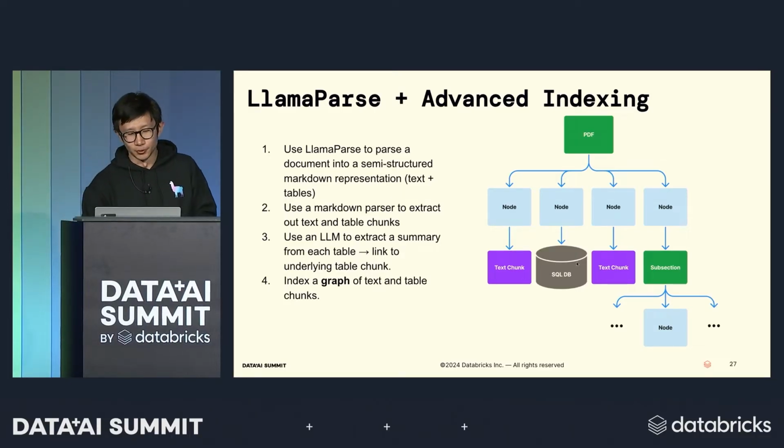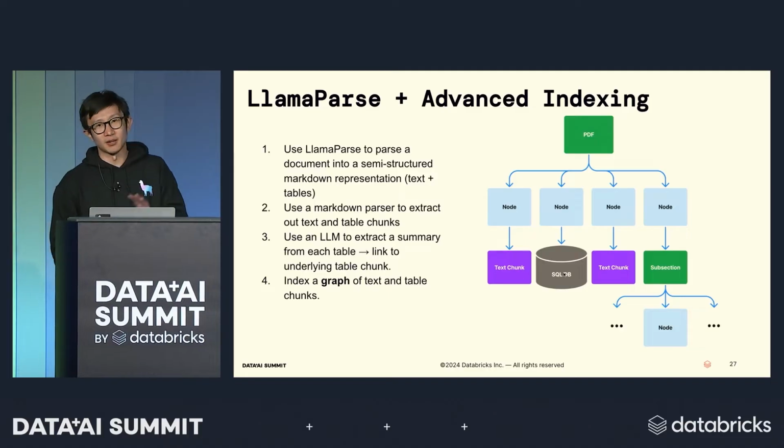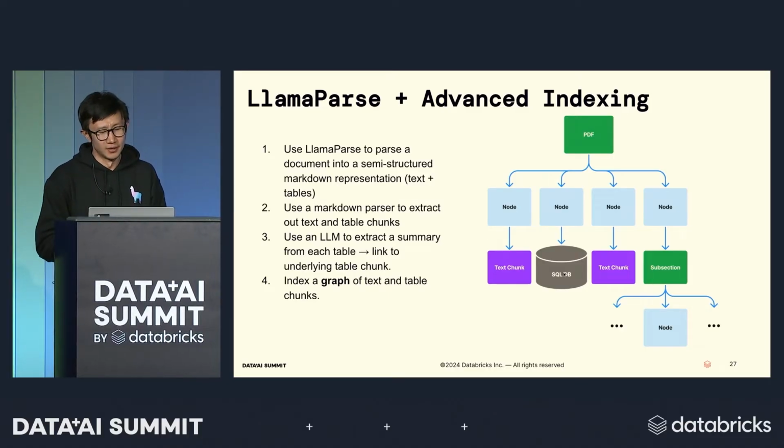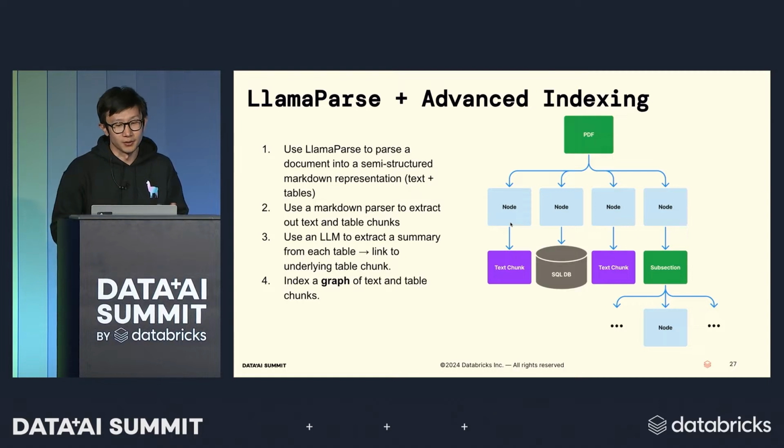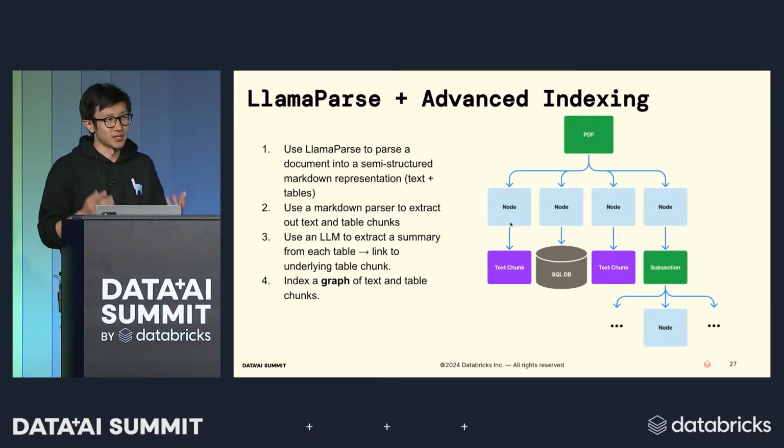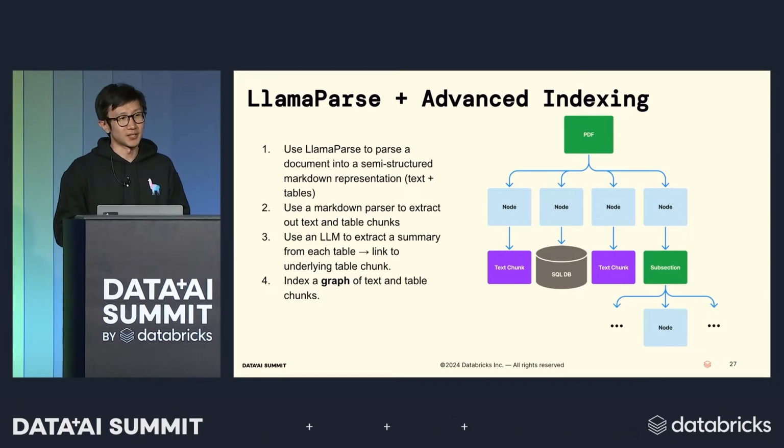This says SQL database, but let's just forget about that and pretend it represents some table in a PDF. This cell right here might represent an image. And all of these can be represented as what we call in LlamaIndex a node, right? So a node is just a representation of some underlying object that is being indexed and embedded.